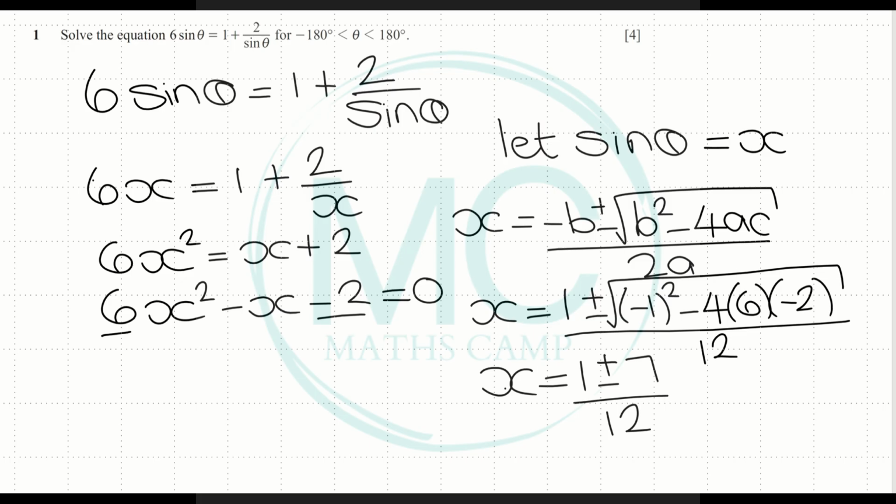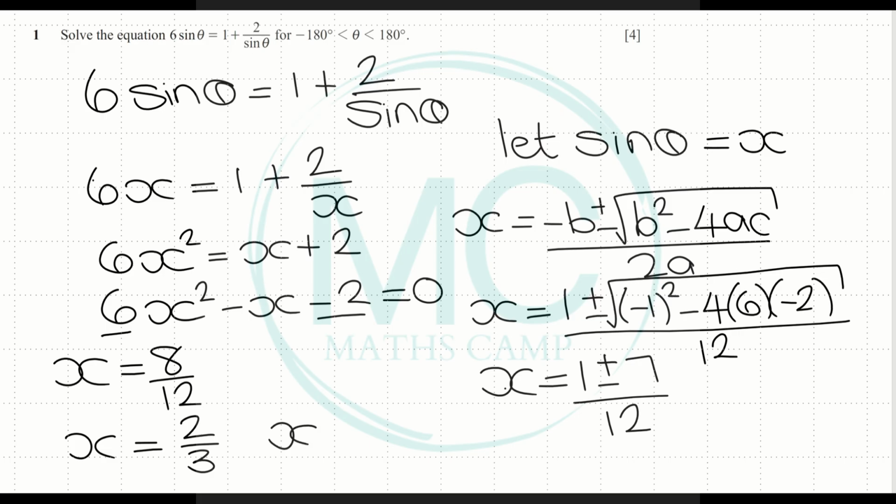If we consider the plus sign in the numerator, we get 1 plus 7, which is 8, over 12. So x is equal to 8 over 12. Simplify, and we see that x is equal to 2 over 3. If we consider the minus sign in the numerator, 1 minus 7 is negative 6 over 12, gives us negative 1 over 2.